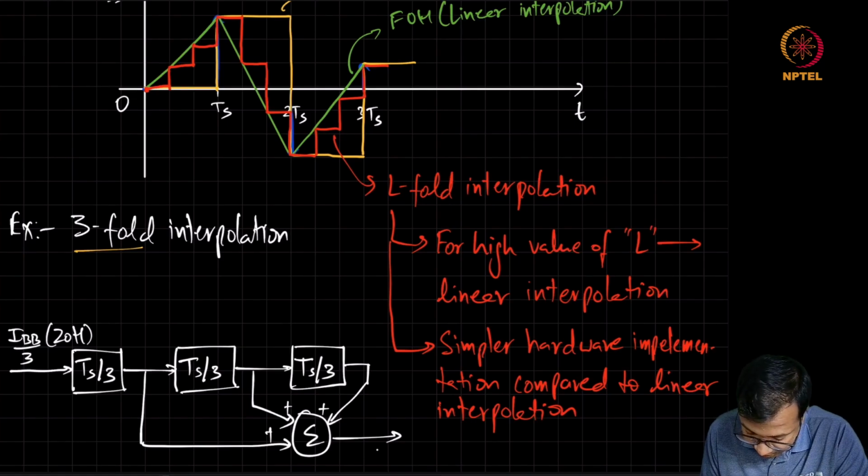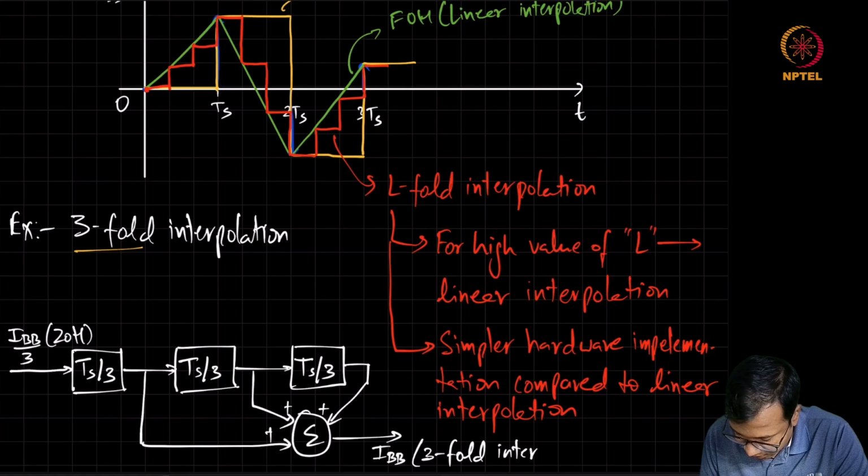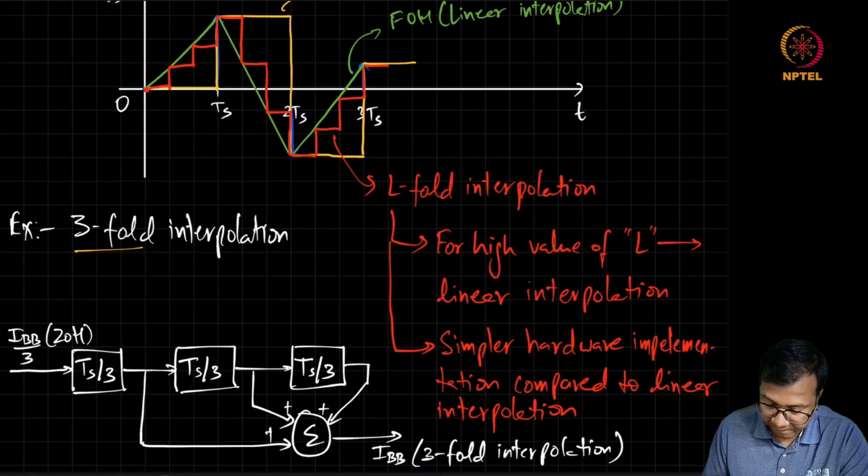So that we get this IBV, which is a threefold interpolated output.